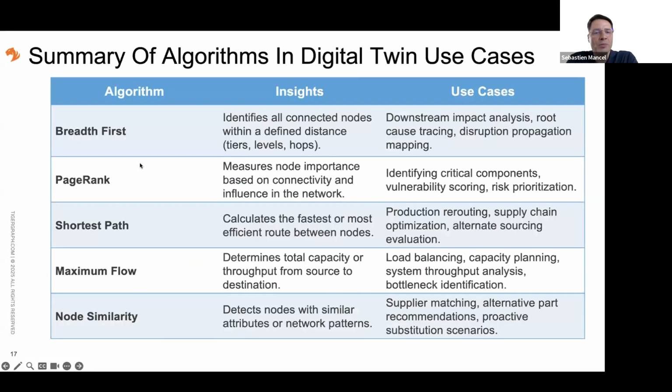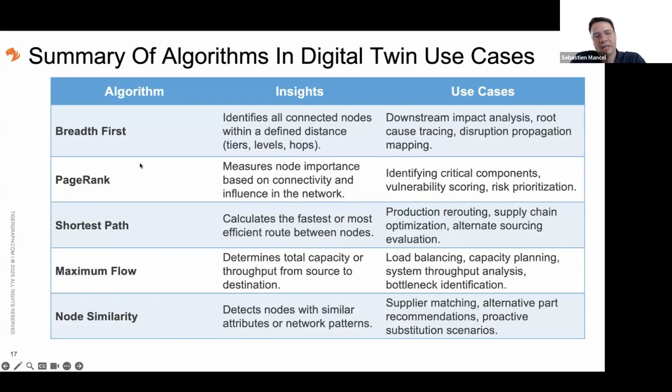All right, so let's take a moment to summarize some of the core graph algorithms powering real-time digital twin use cases. Breadth first search is used to explore everything downstream or upstream from a node. For example, if a supplier fails or a part is delayed, breadth first search helps us trace all the impacted products, orders, or customers instantly.